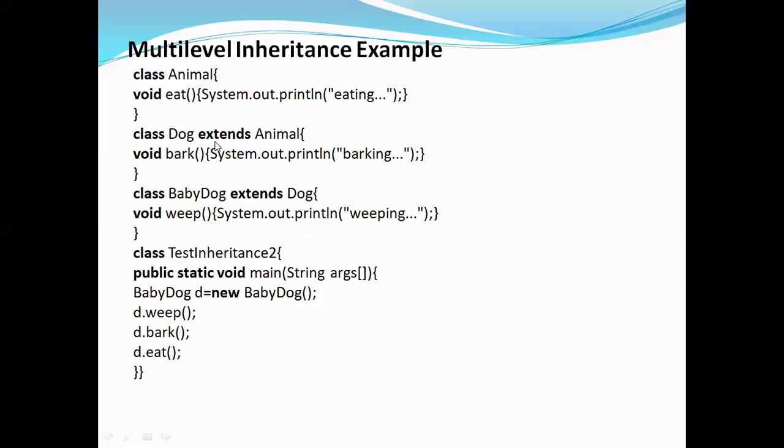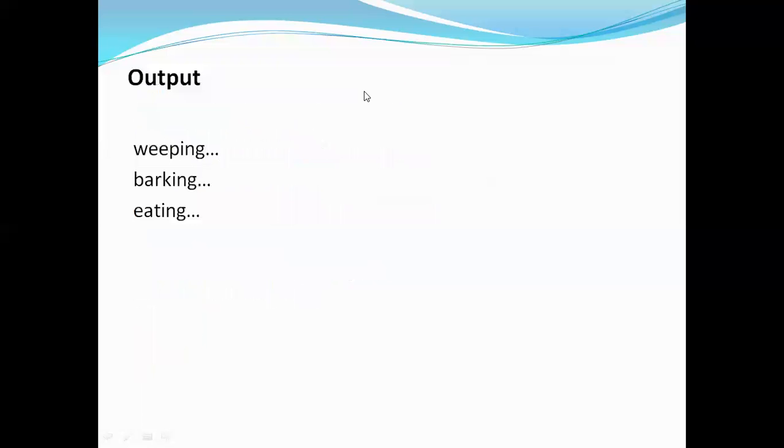As this is also extending the superclass Animal, you can call that method also using d dot eat. So I'm calling three methods: weep, bark, eat. Weep means weeping. So when you call this, you'll get weeping, then barking, and then eating. So this is our output.